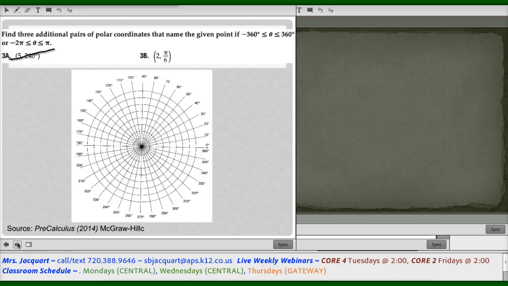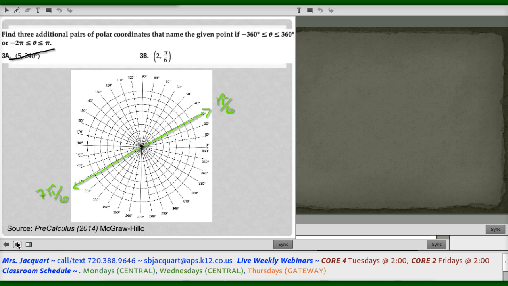Now pi/6 is the same as 30 degrees, so let's identify our 30 degrees. So this is pi/6. What's pi/6's counter spot? This is 7pi/6.